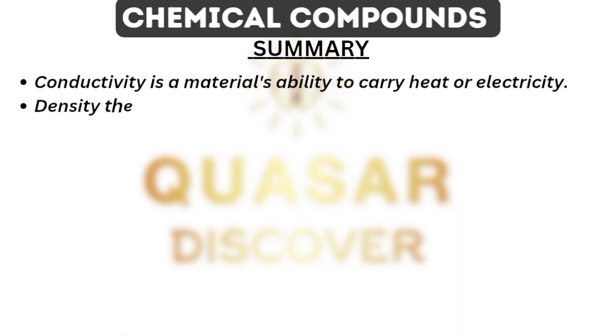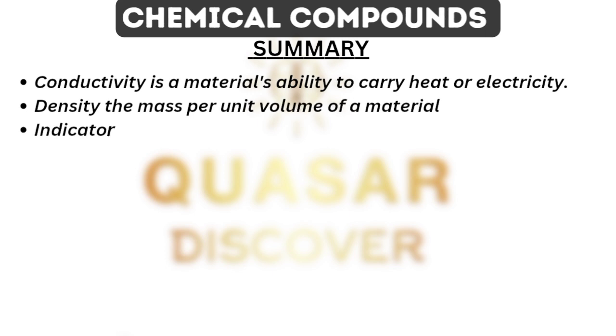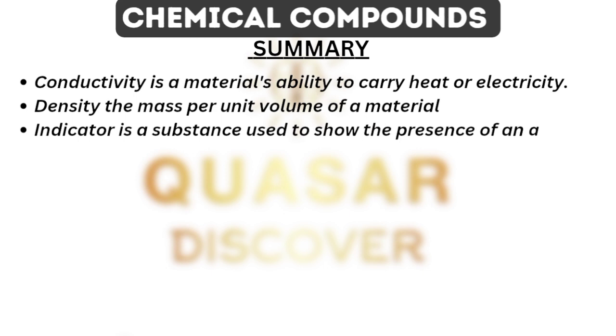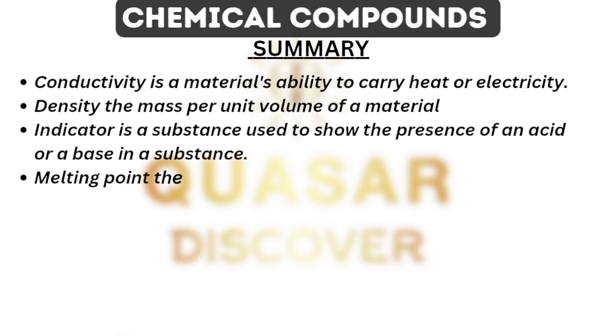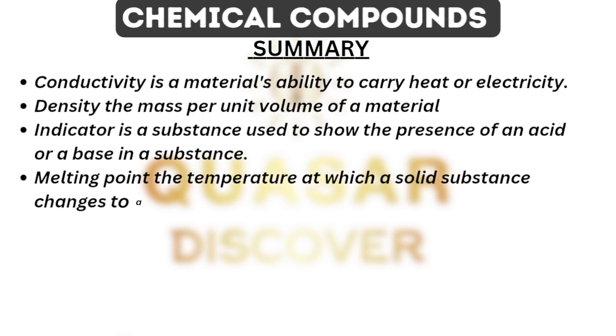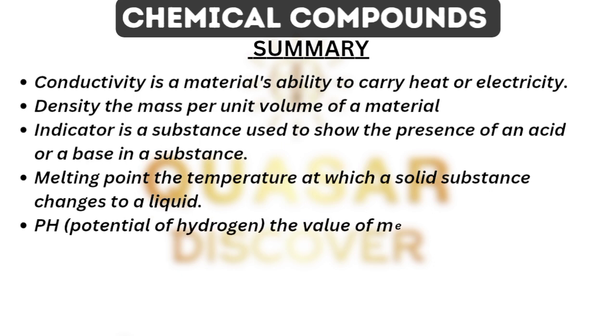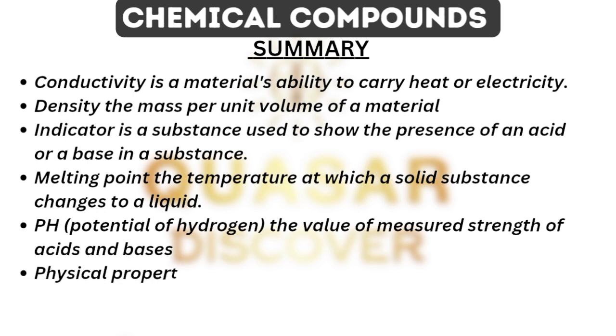Density, the mass per unit volume of a material. Indicator is a substance used to show the presence of an acid or a base in a substance. Melting point, the temperature at which a solid substance changes into a liquid. pH, potential of hydrogen, the value measuring the strength of acids and bases.